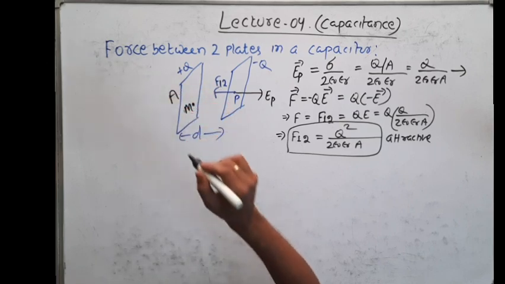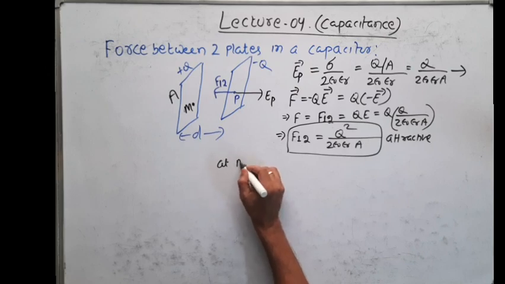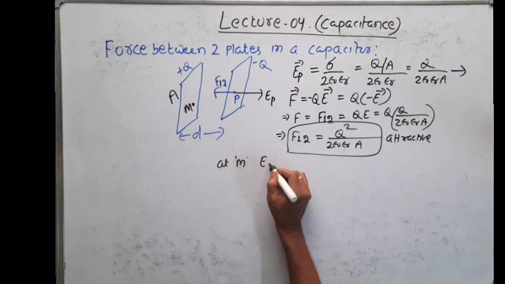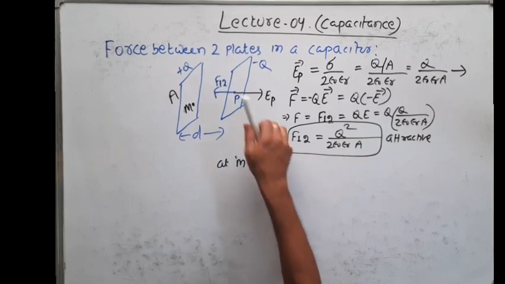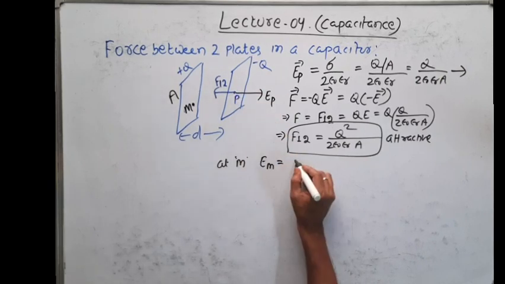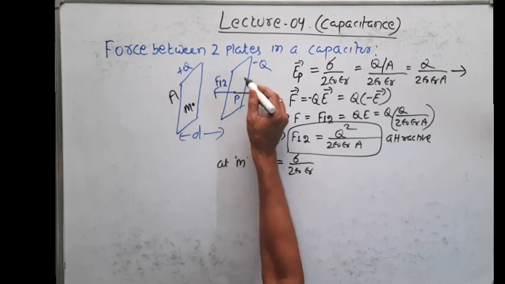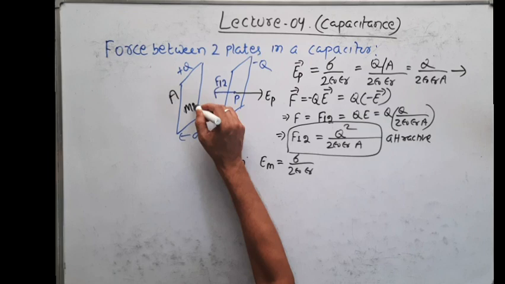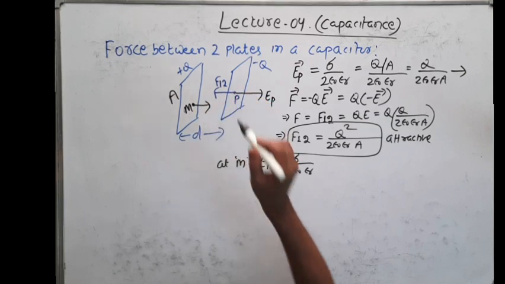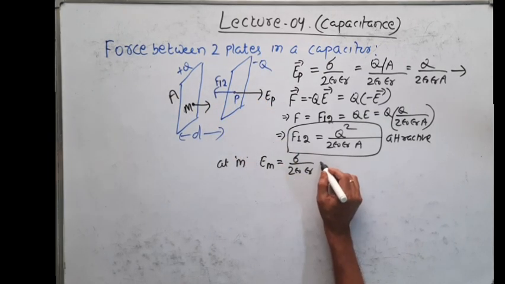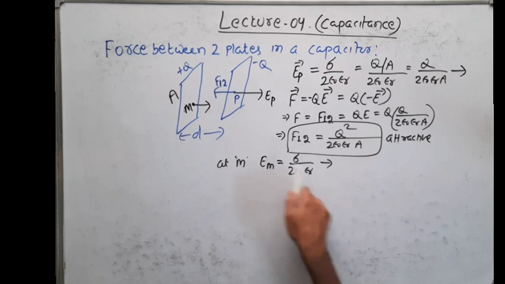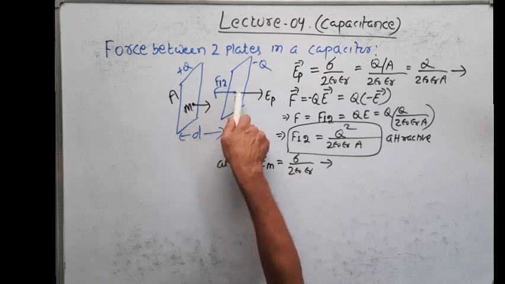Let us say this is M point. At M point, the electric field due to the second sheet is the same, sigma by 2 epsilon naught epsilon r. Since it is the negative charge plate, the electric field is always towards the negative charge plate. This is the direction of the electric field intensity at M point due to second plate.